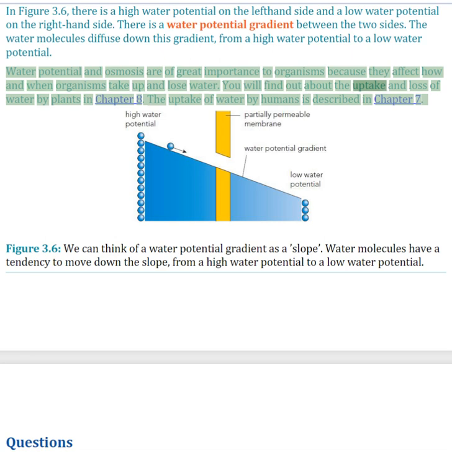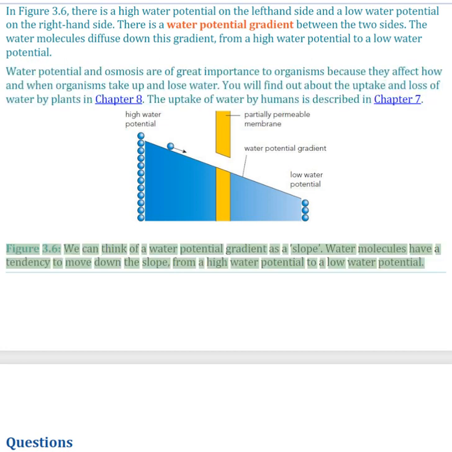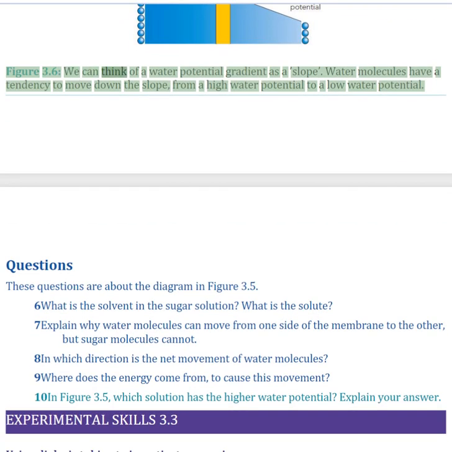You will find out about the uptake and loss of water by plants in Chapter 8. The uptake of water by humans is described in Chapter 7. Figure 3.6. We can think of a water potential gradient as a slope. Water molecules have a tendency to move down the slope, from a high water potential to a low water potential.